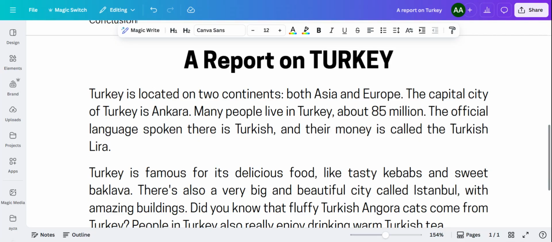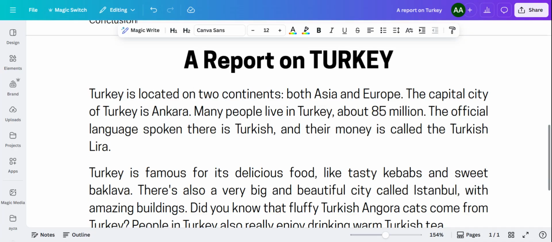Before starting that, please remember that the facts related to the country, the name, capital city, geographic location, rivers, landforms, such kind of information can be written in the first paragraph because it's related to geography.